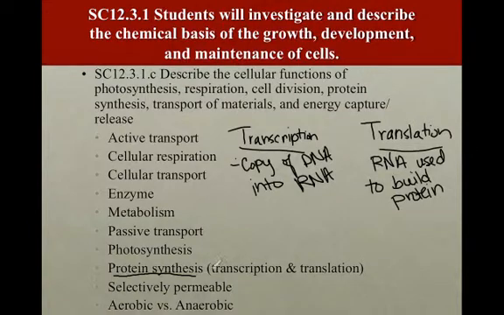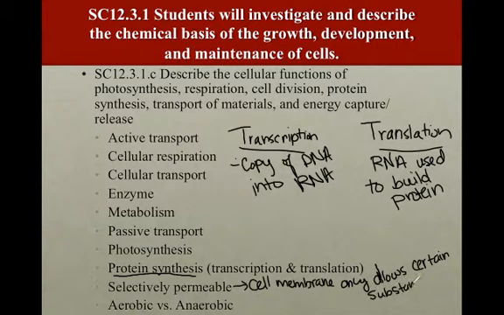Okay, selectively permeable. Right. The cell membrane only allows certain substances to pass through. Okay.